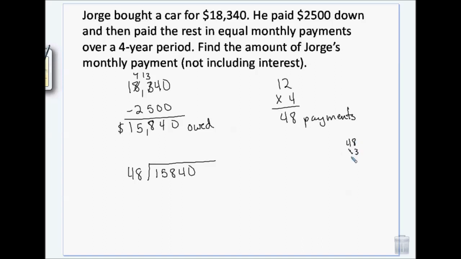So I'm going to try 3. 144. Subtract that. Bring down my 4. Oh, hey, look at that, 144. Bring down my 0. It goes into 0 0 times. So his payments are $330 a month.